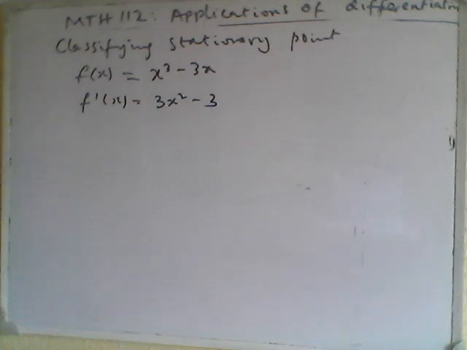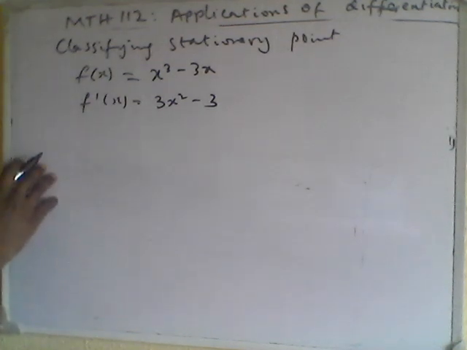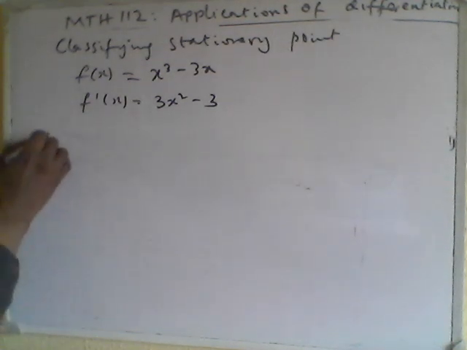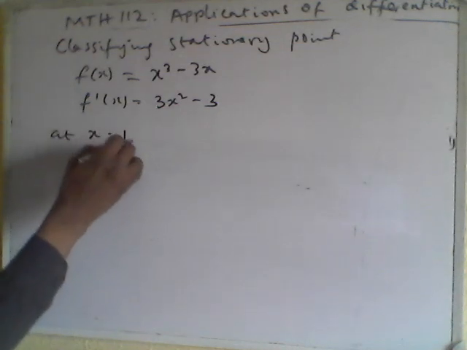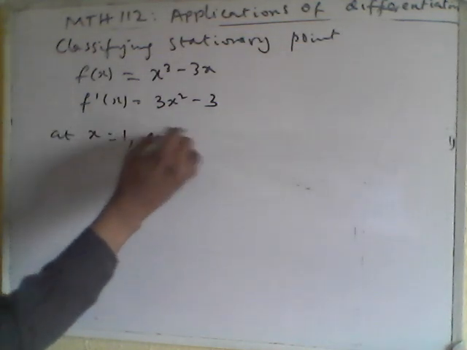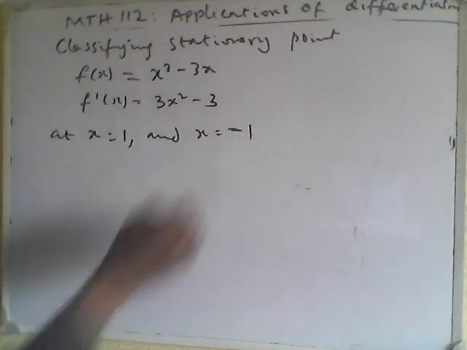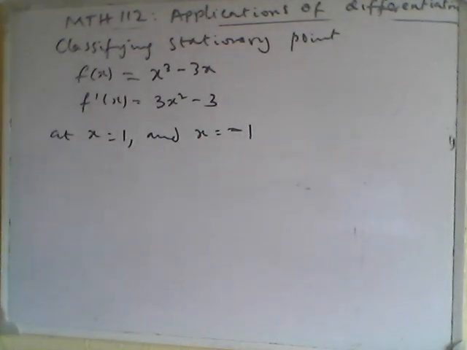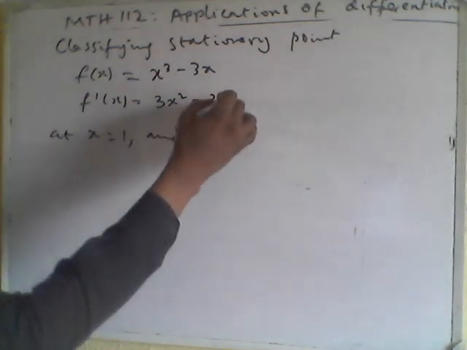We found that the stationary points are at x equals 1 and x equals minus 1. When we equate this to 0, we will get it. Remember, when we equate this to 0, see what happens.